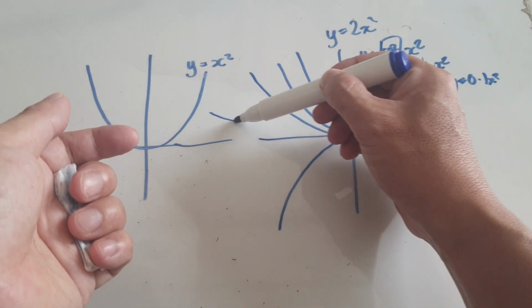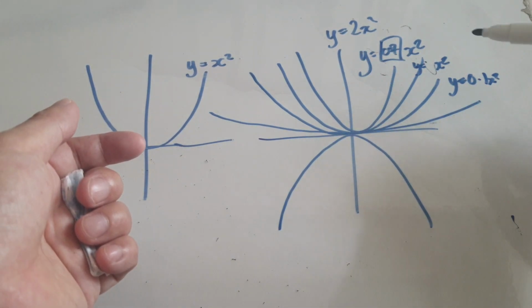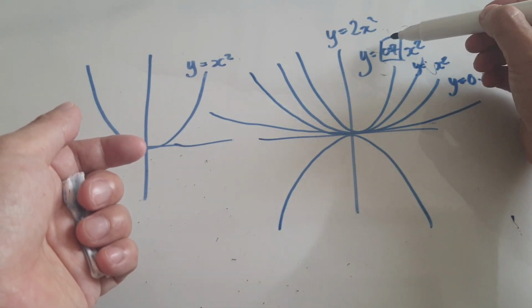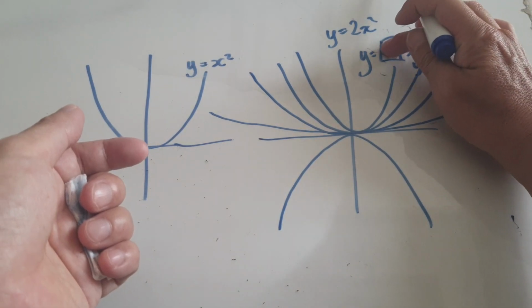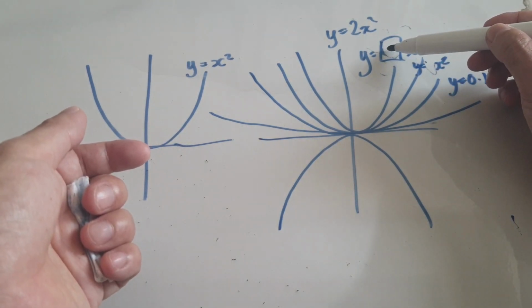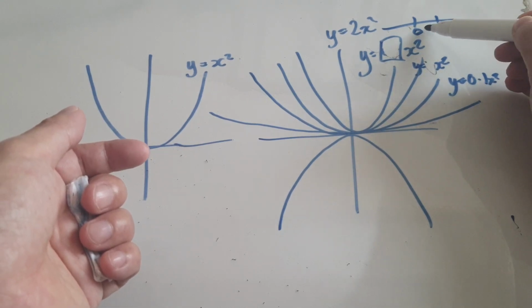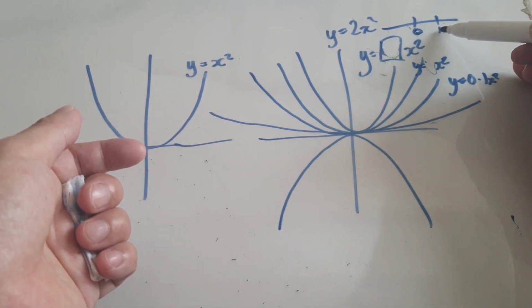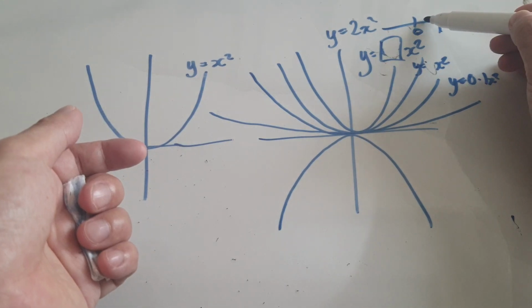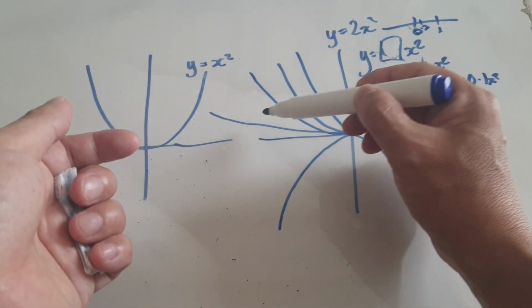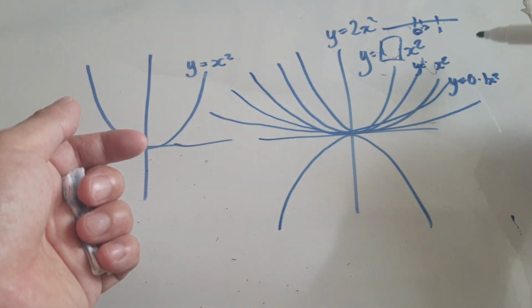It would be even flatter. So this a here, this number here, can't be 0. It can be a decimal between 0 and 1. So in the case of it being, let's say, 0.3, it would just be somewhere around here.